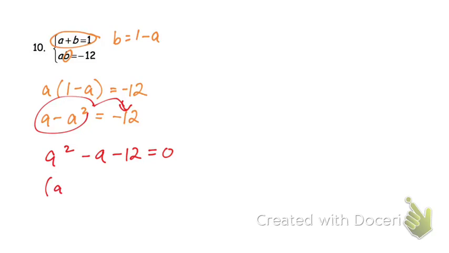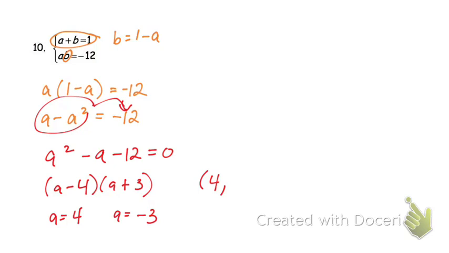So if my ordered pair were in a, b form, then my ordered pairs would be (4, negative 3) and (negative 3, 4).